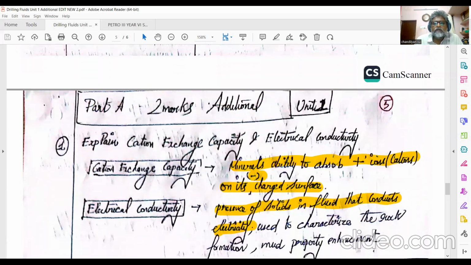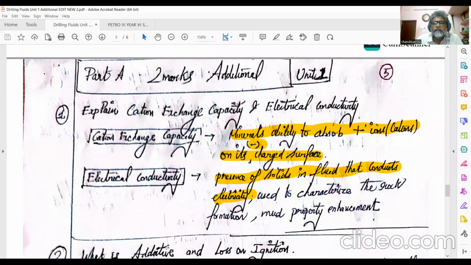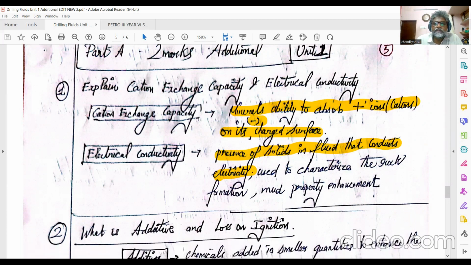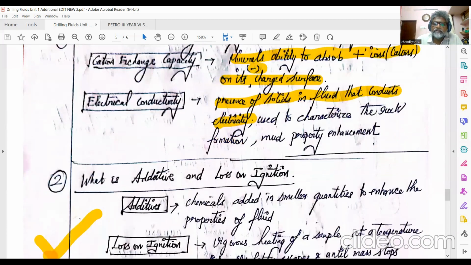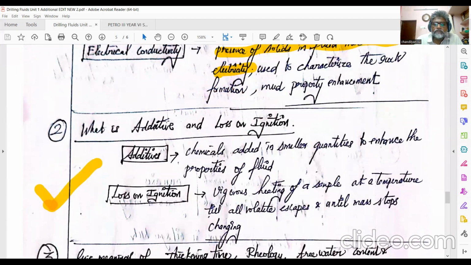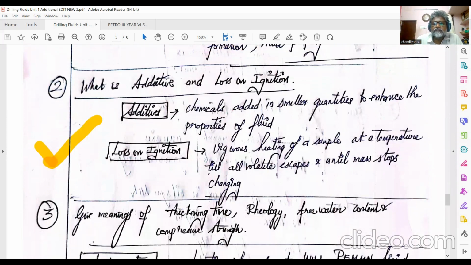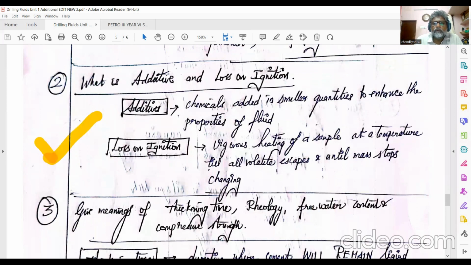What is CEC? Cation exchange capacity and electrical conductivity are already dealt with. I've given you three special links for understanding cation exchange capacity. Please follow them. Additives are already explained to you. Loss on ignition, explained to you again. It's the vigorous heating of a sample at a temperature until all volatiles escape and the mass stops changing.